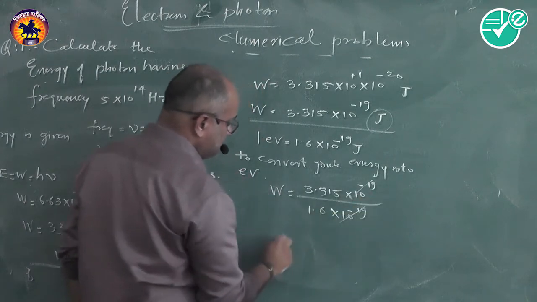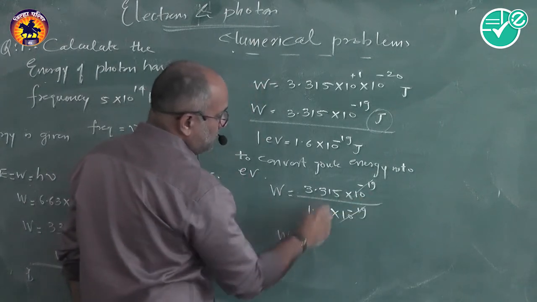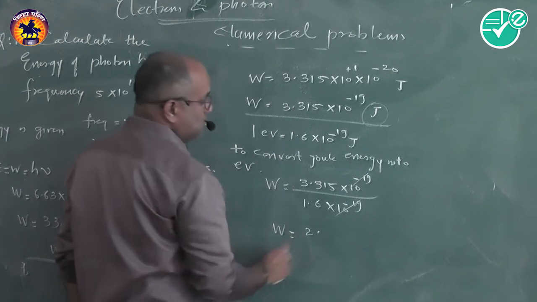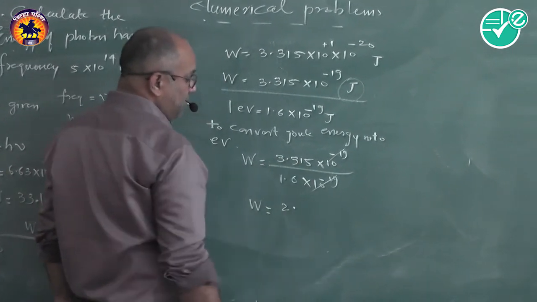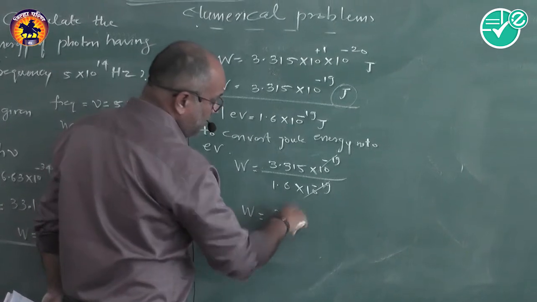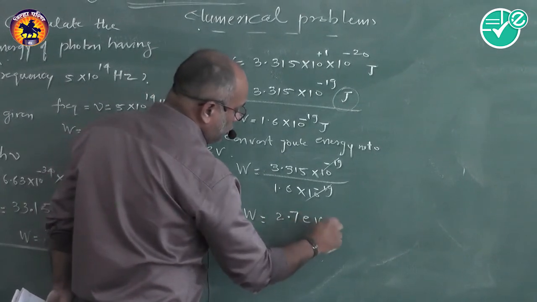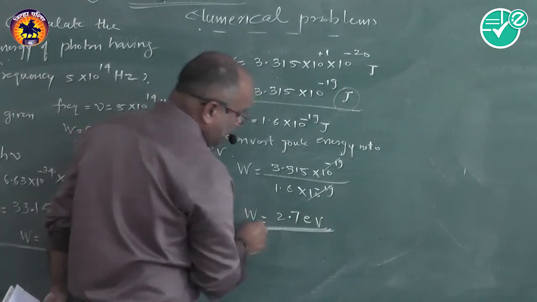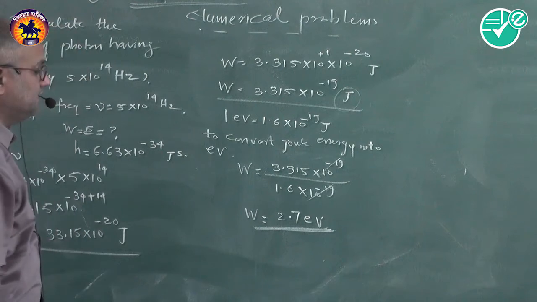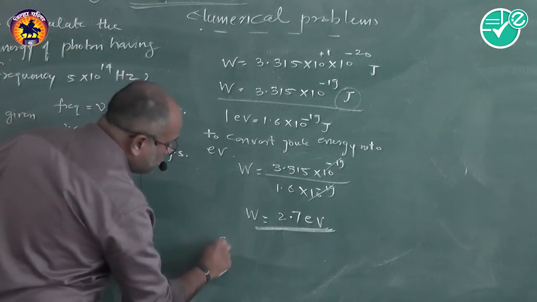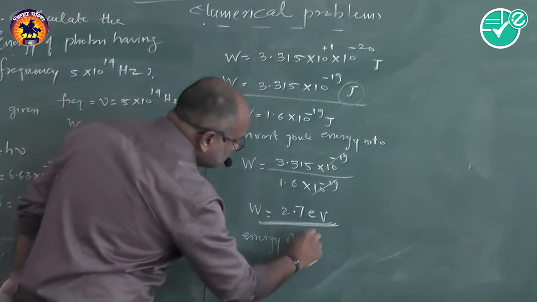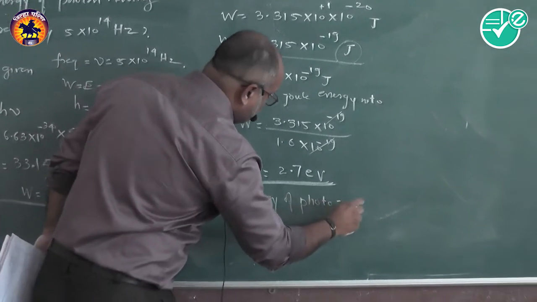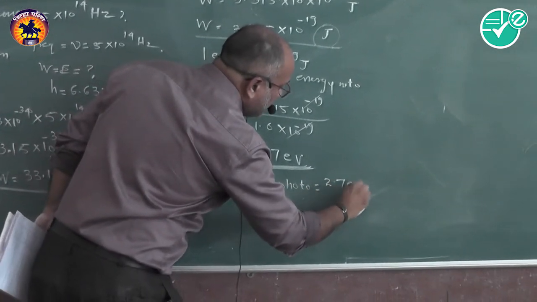This cancels, so W is equal to 3.2, 1 is remaining, 115, approximately 16 sevens are 112, so 2.7 electron volt. That is the energy of the photon. So energy of photon is equal to 2.7 electron volt.